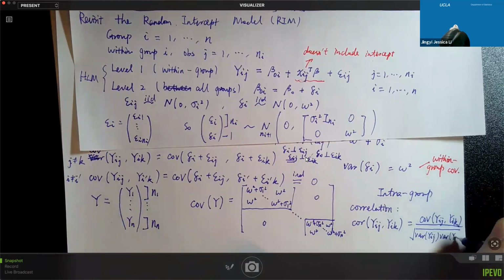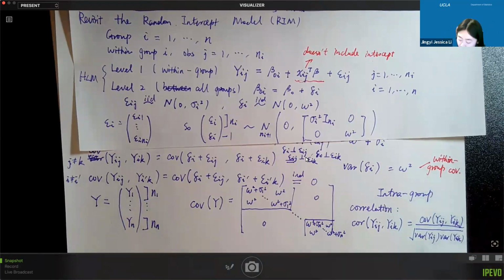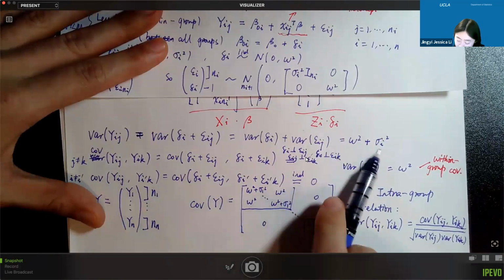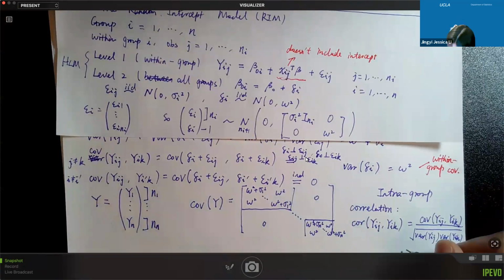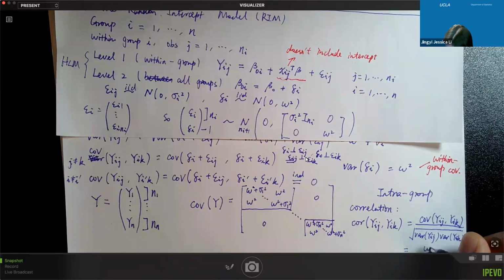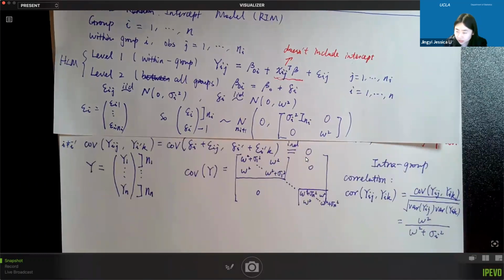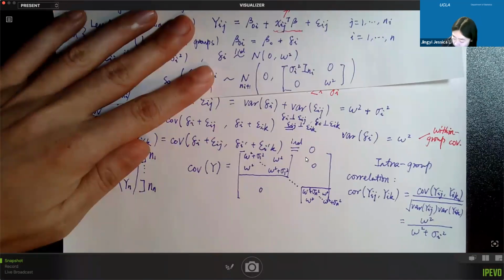By plugging in what we calculated, it's simply omega squared divided by omega squared plus sigma I squared. That's the intra-group correlation.